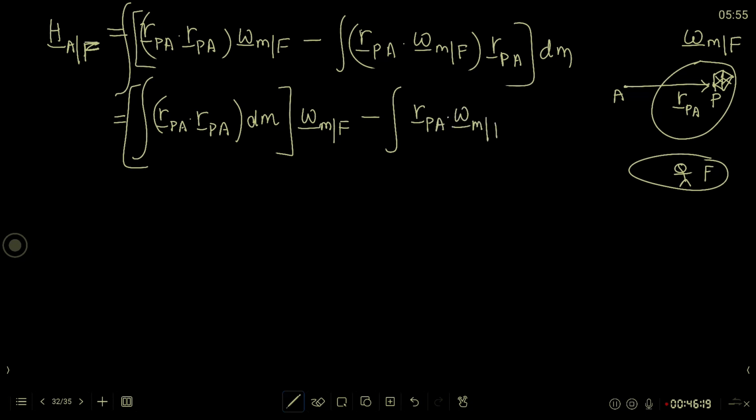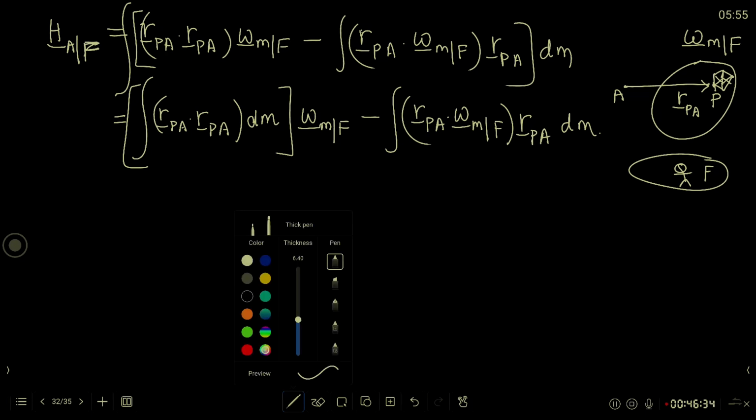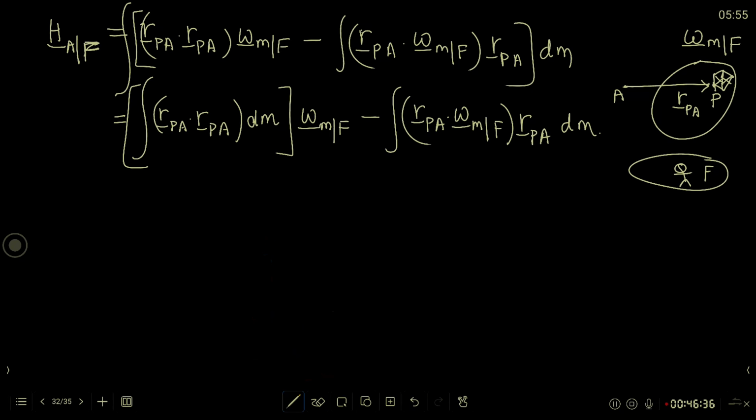Okay. Now let's fix a coordinate system. There should be a point on the RB. Should not draw it outside. This is RB.